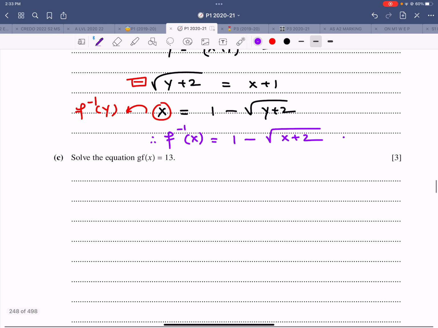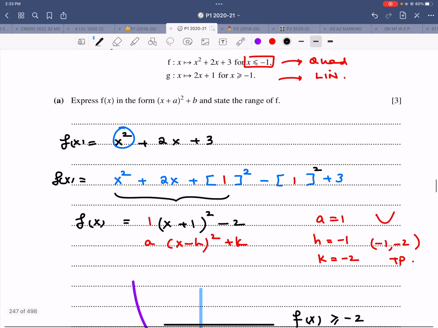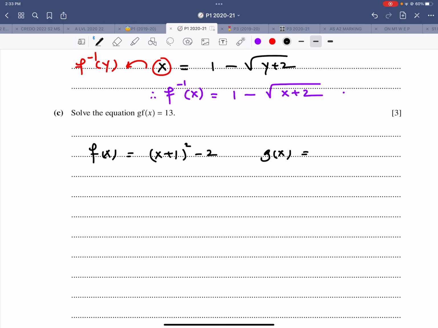Solve the equation g(f(x)) equals 13. f(x) is (x plus 1) whole square minus 2. g(x) is a linear expression, which is 2x plus 1. Let me double check that. g(x) is 2x plus 1.